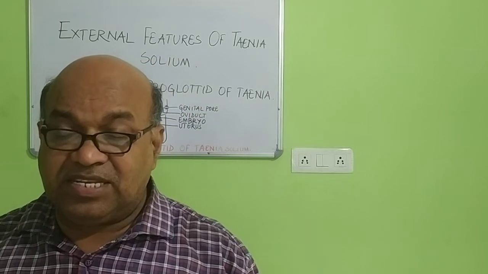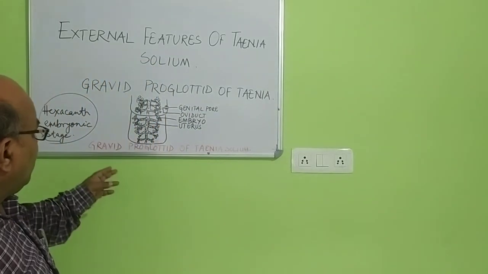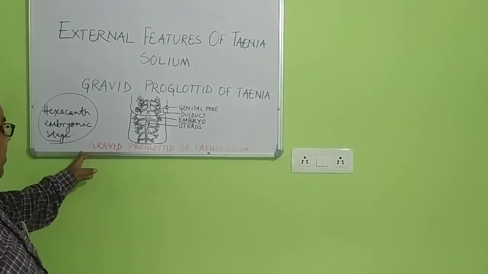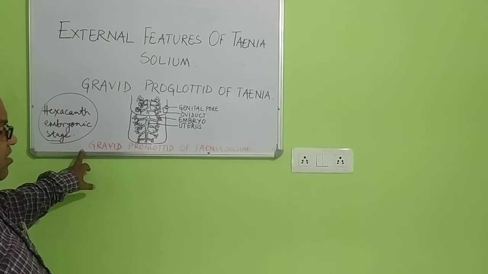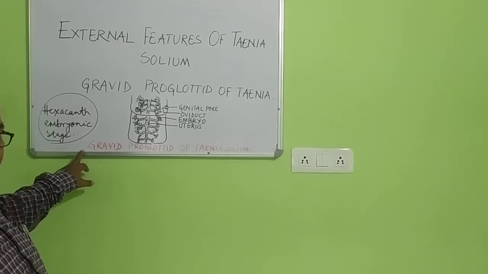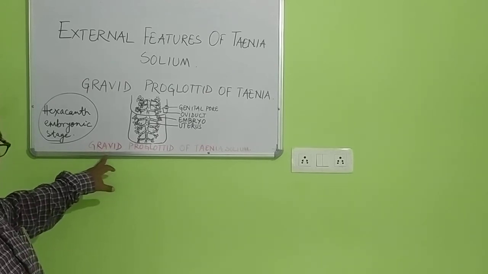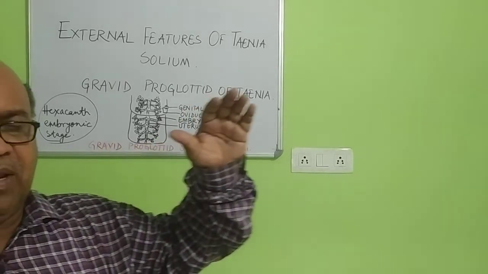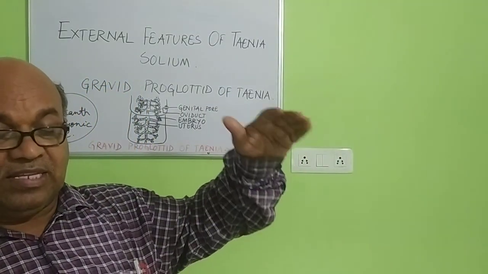My narration regarding the gravid proglottid ends here. It arises from the mature proglottid; the mature proglottid at the end converts into the gravid proglottid. Initially, proglottids are found at the region of the neck.